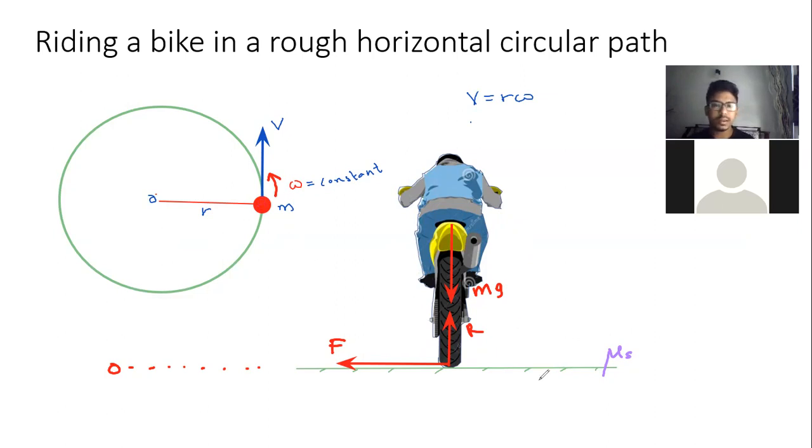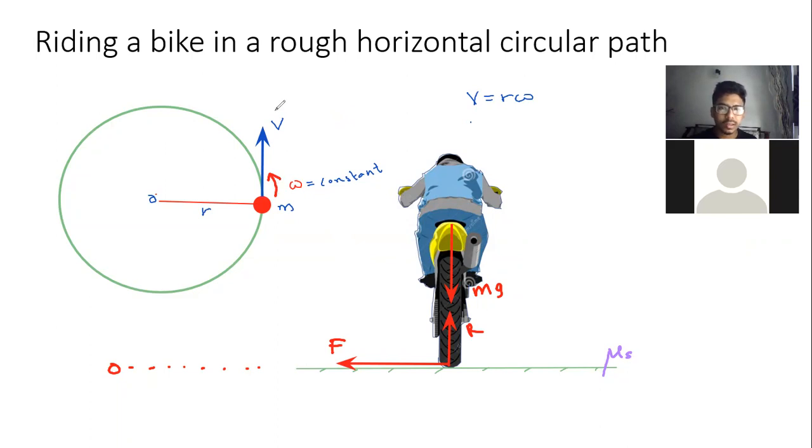Now in an instantaneous movement, if I consider the bike is here, what would happen? What happens here? If I consider the velocity, we have velocity in this direction, vertically upward according to the screen. But still keep in mind this is a top view, so this may not be upward, it can be like north, something like that. So north, south.